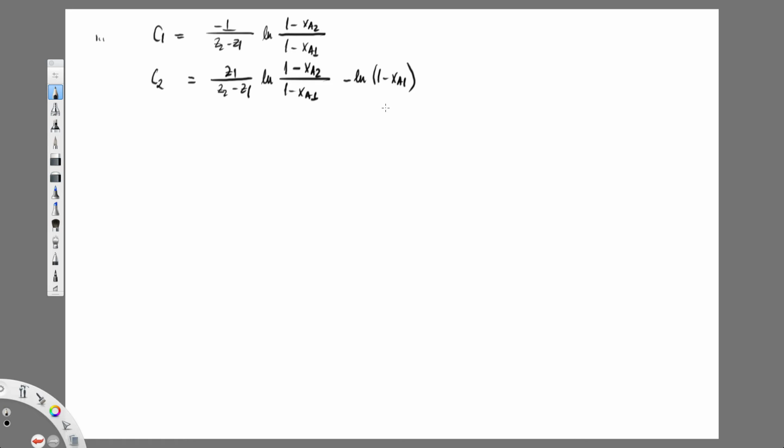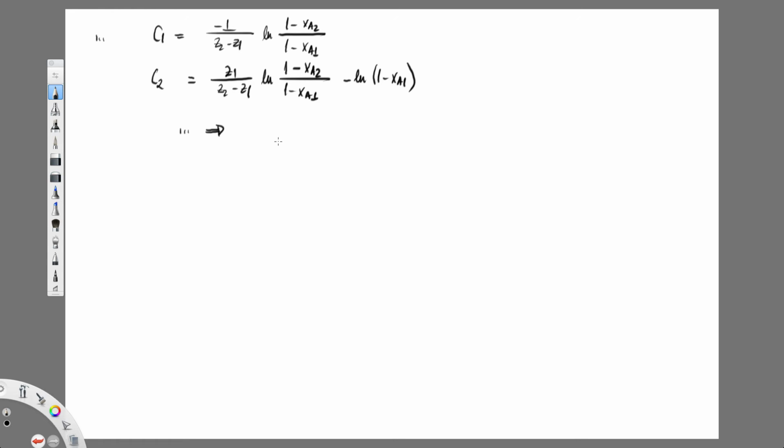So if you remember, my initial was minus ln of 1 minus xa is equal to c1, which is this big thing, times z plus c2, which is this other big thing. And c2 also has a similar term like ln 1 minus xa1. So this could be actually rearranged.